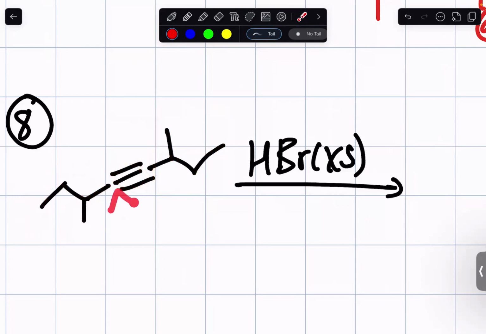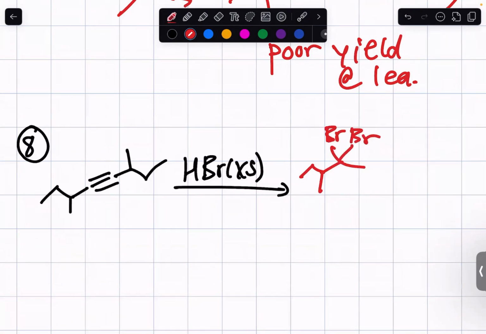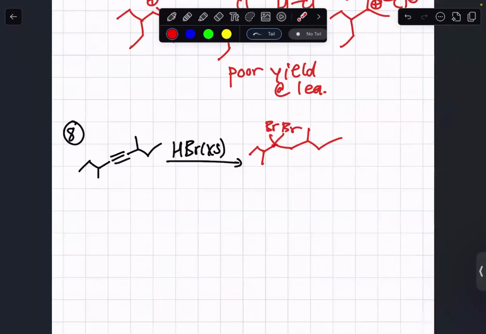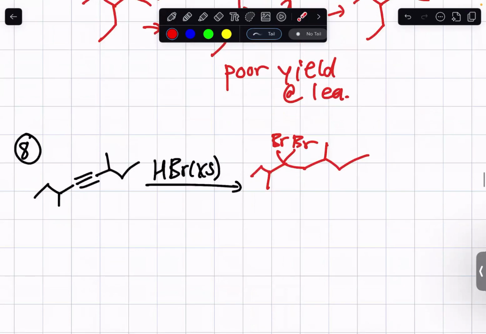So if we want to add 2 bromines on the more substituted side, it doesn't matter which one because each carbon is equally substituted, and you would get the same chemical environment if you add it to both carbons. So we only get one product here, where the 2 bromines are on one of the carbons of the alkyne like that. So for a symmetrical internal alkyne, we only get one product.